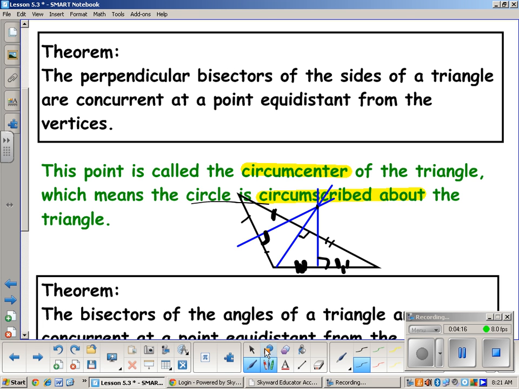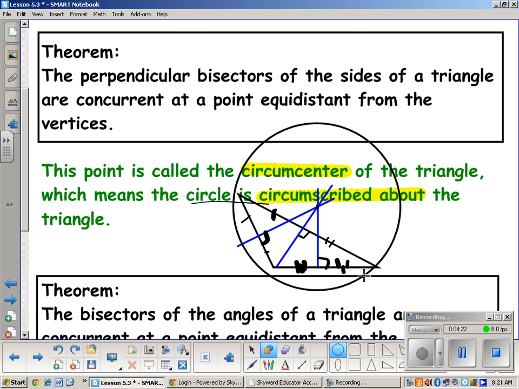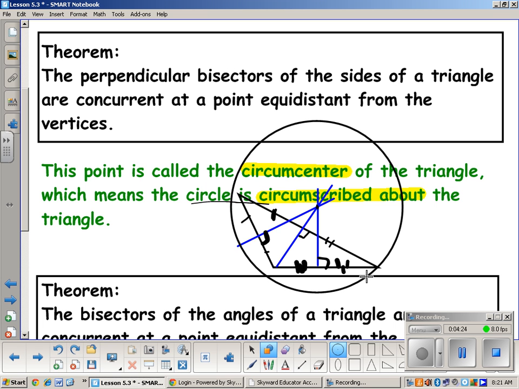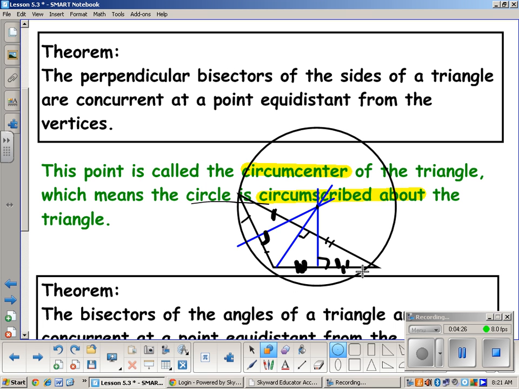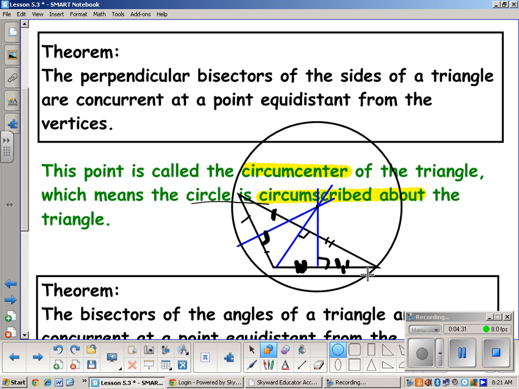So just for kicks, let's see how close we were. Okay, not real close. That's what happens when you make things up. Anyway, what would happen if you did it accurately and not just freehand like I did, is that this point would be on the circle, this point would be on the circle, and this point would be on the circle.